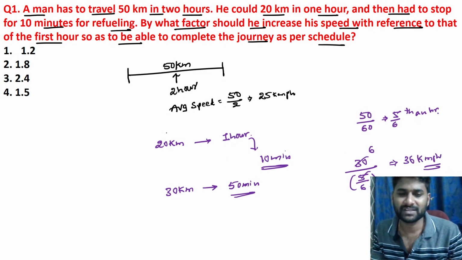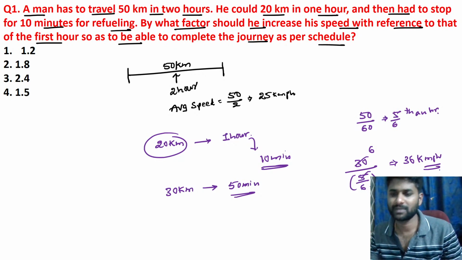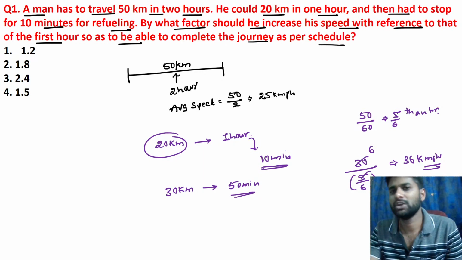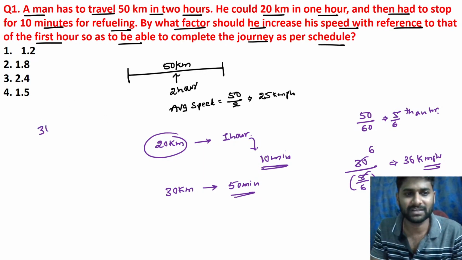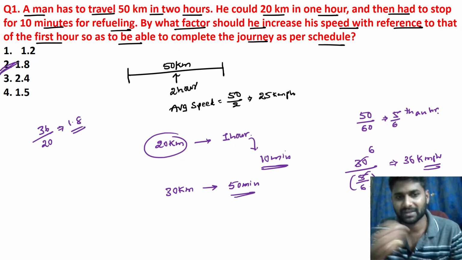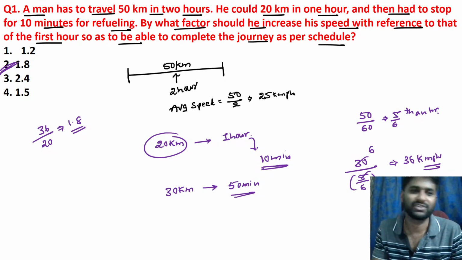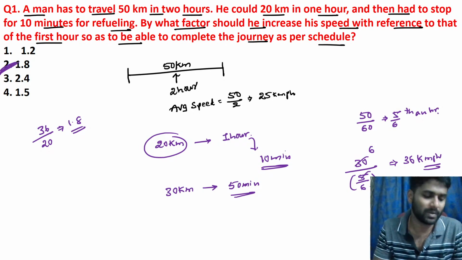Initially the person was moving at 20 kilometers per hour, now at 36 kilometers per hour. The question is by what factor he should increase: 36 is required, previously 20, so we require 1.8 times the previous one. If we travel that way, the person reaches the destination as per the schedule. So you have to choose option 1.8.